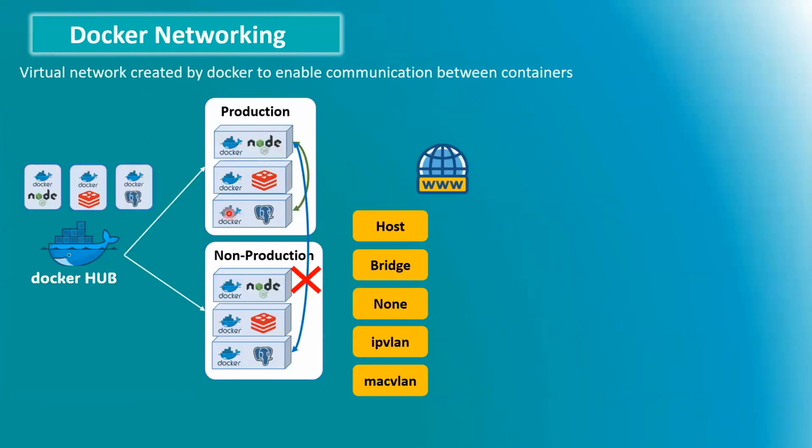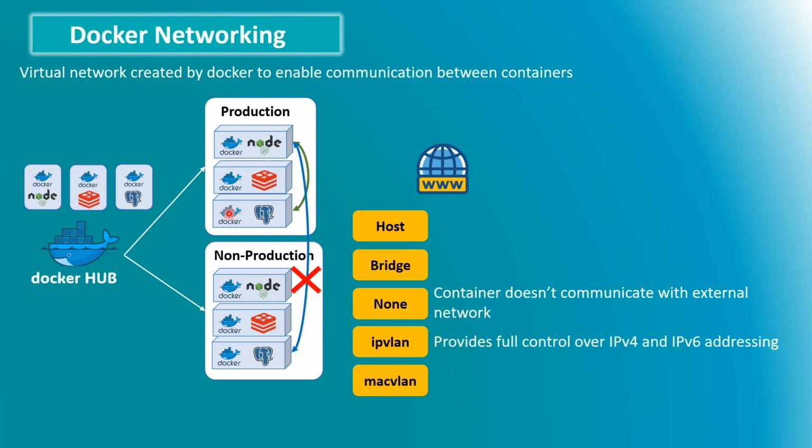We already discussed the host networking mode and bridge networking mode. Now let's review the other part. Moving to none mode, as the name suggests, there will be no networking and containers will be isolated and will not communicate with external network. In all the previous network modes, we have discussed IPv4 network address. If you have a requirement to use IPv6 address as well, then you can use IP VLAN, a network interface with the containers.